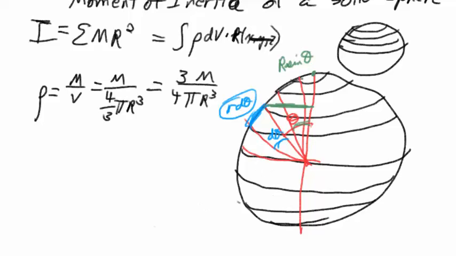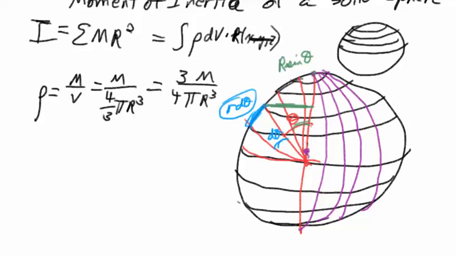Now we can also imagine longitude lines coming down, and the angle coming from the center of the sphere measuring another angle, phi. And this distance here would be r d phi.